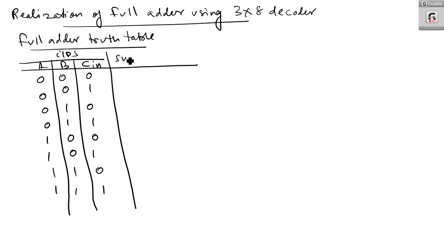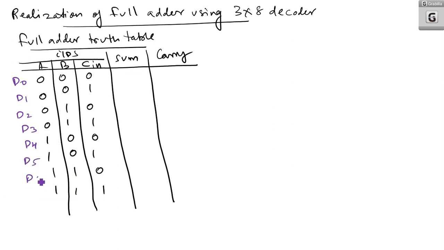Then you have sum and carry. Now if you write the corresponding outputs according to the 3/8 decoder, we can write the outputs as D0, D1, D2, D3, D4, D5, D6 and D7.